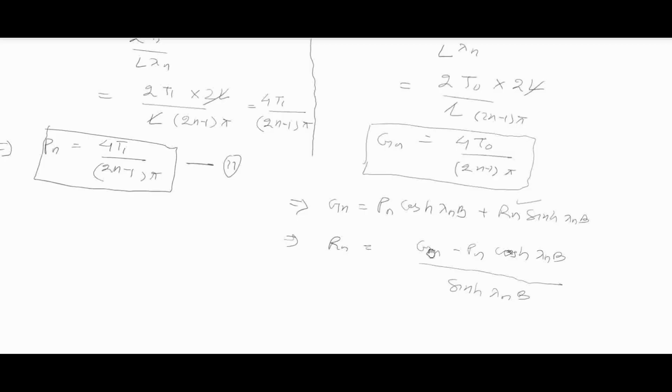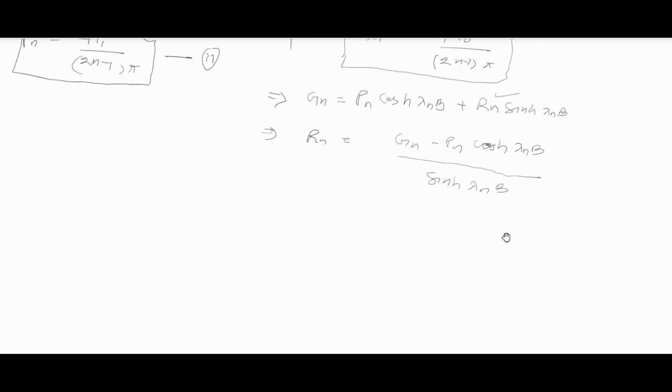Now substitute the values here. If we substitute the values, what will we get? Gn is equal to 4T0 by 2n minus 1 into pi, minus Pn, which is equal to 4T1 by 2n minus 1 into pi, cosh lambda n b by sinh lambda n b.